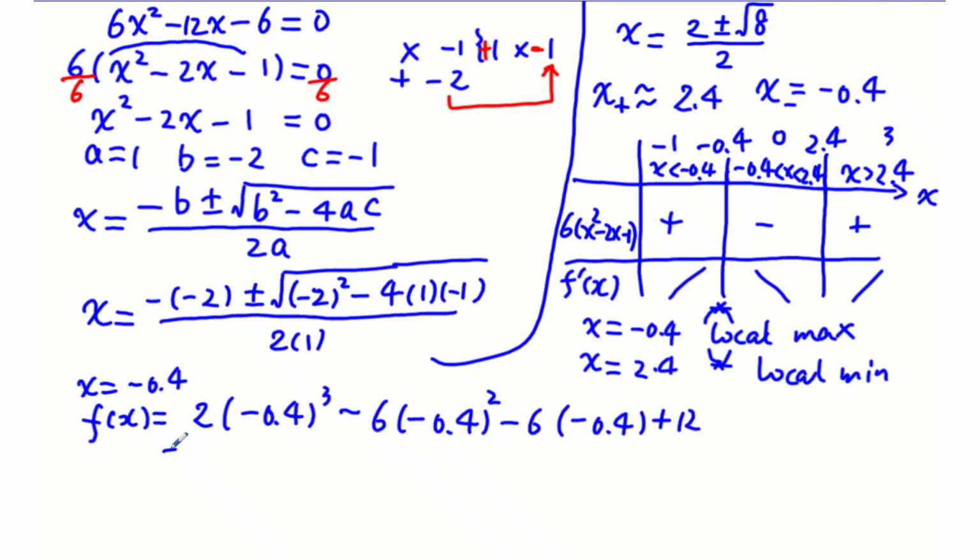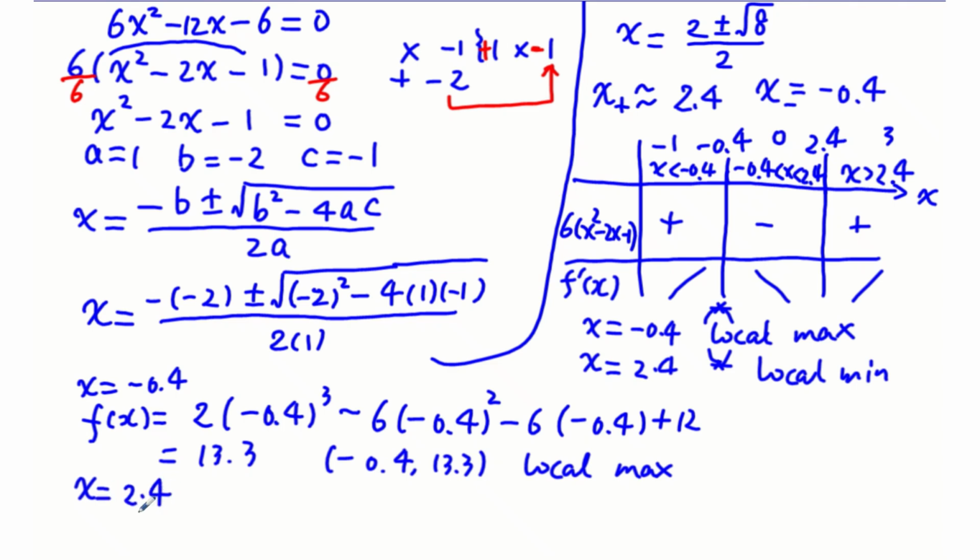Get your calculator out, you will find the y value is 13.3. So this point, negative 0.4, 13.3, is our local max. And when x equals 2.4, we are going to sub into f of x.